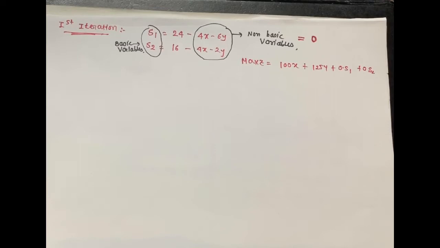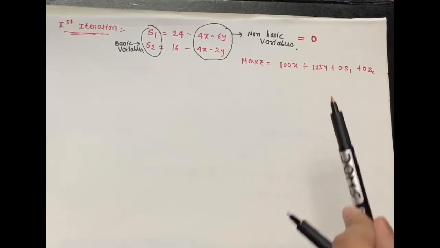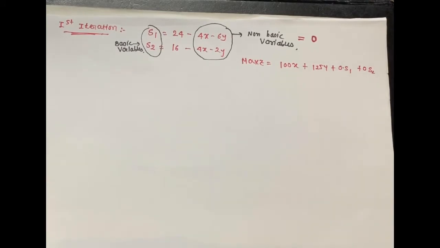If I increase the value of x by 1, the maximization function becomes 100 into 1, that is 100. If I increase the magnitude of y by 1 unit, the objective function will be 125 into 1, that is 125. That means y is contributing more because y has a relatively larger coefficient.